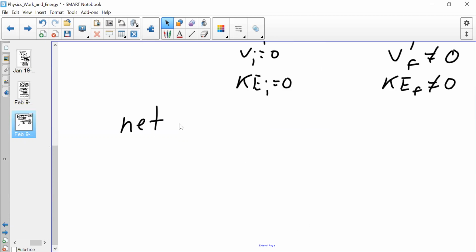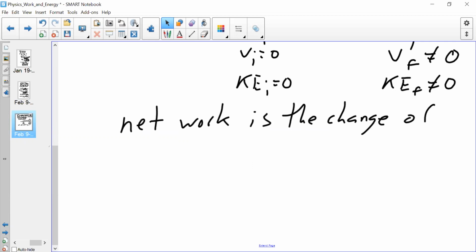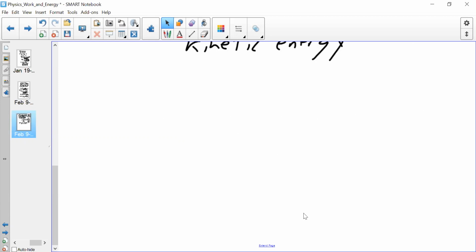So again, net work is the change of kinetic energy. Let's say that I had a system that just consists of a ball and the earth. I have two objects and the ball is resting on the earth.